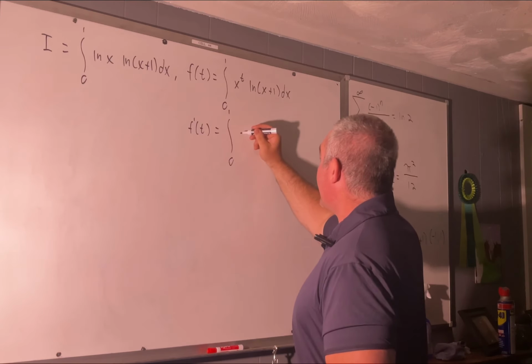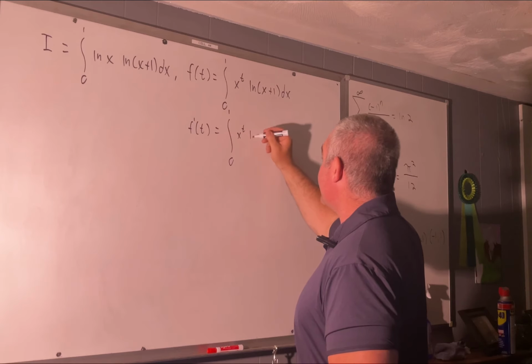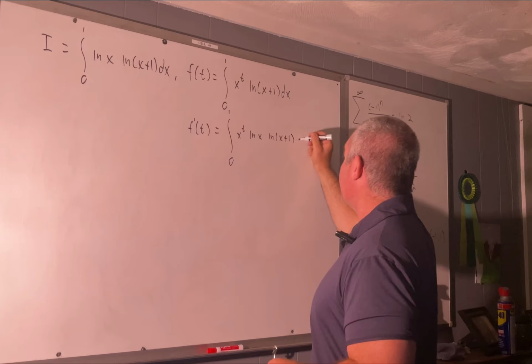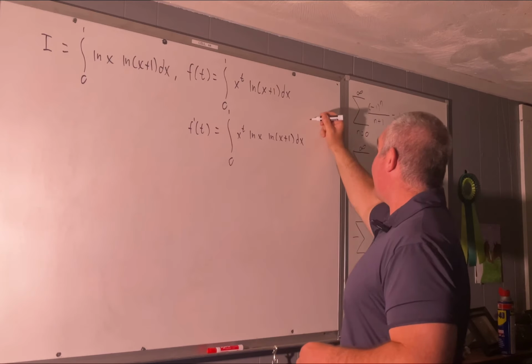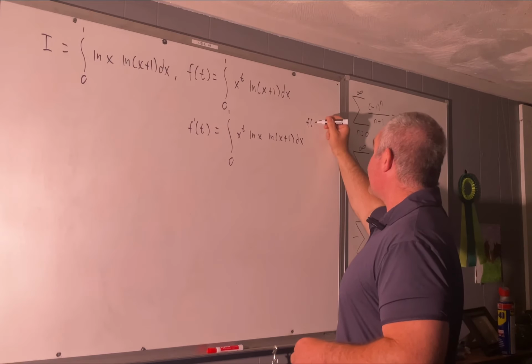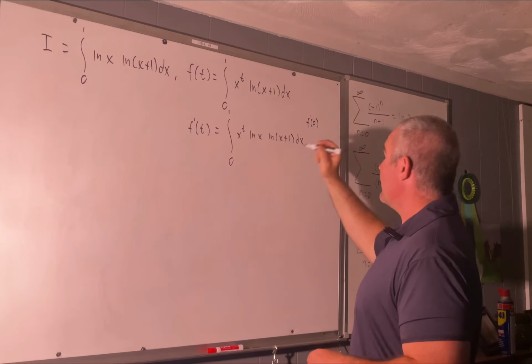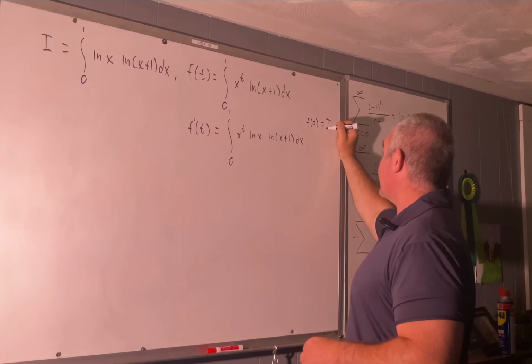That would be x to the t, natural log x plus 1 dx. And we will notice that f prime evaluated at the point t equals 0 will give us back our original integral.